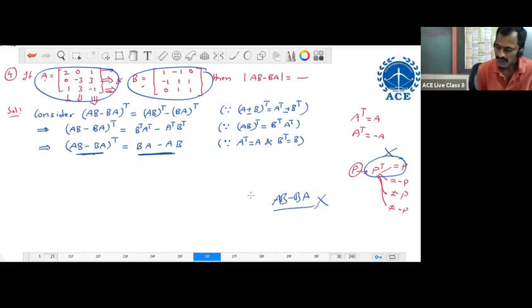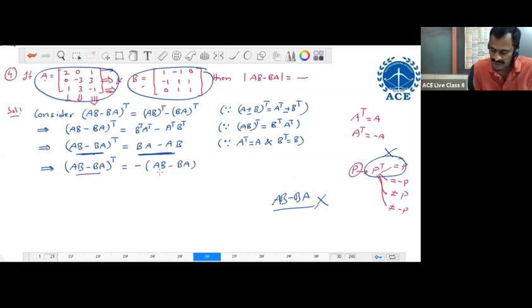Next, since it is not symmetric, we check whether it is skew symmetric or not. (AB minus BA) power T equals, if we take minus outside, the first matrix as AB and the second matrix as BA. This matrix is the same as this matrix. Totally, this is in the form of matrix transpose equal to minus matrix.